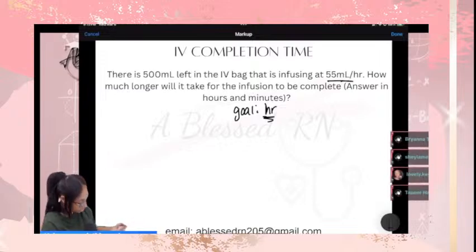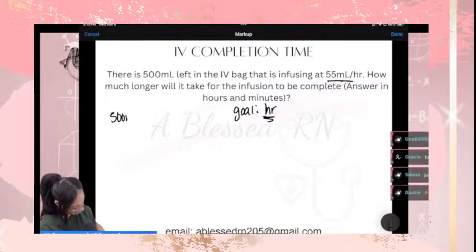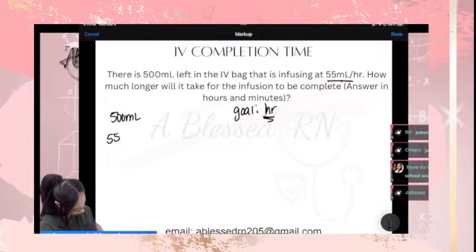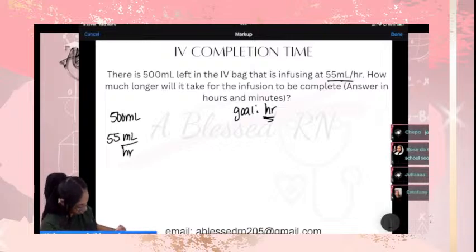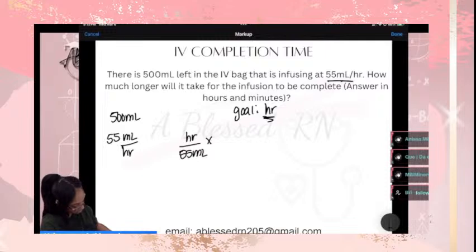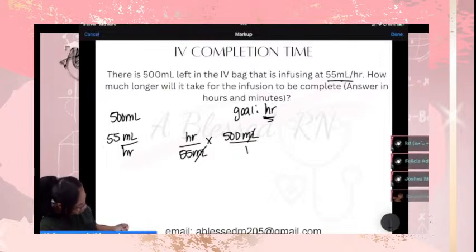How many hours? So we have 500 mLs and it's going at 55 milliliters per hour. I'm looking for hours, so I'm going to start with my hours, right? So I'll do hour over 55 milliliters, and then we'll do 500 mLs over 1 because it's not in a relationship, and I need my milliliters to cross out.